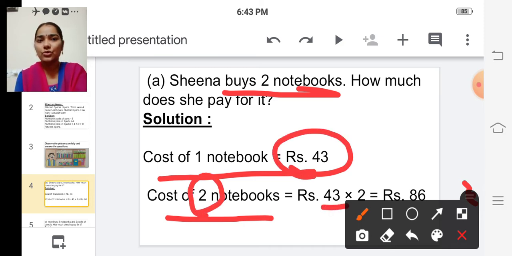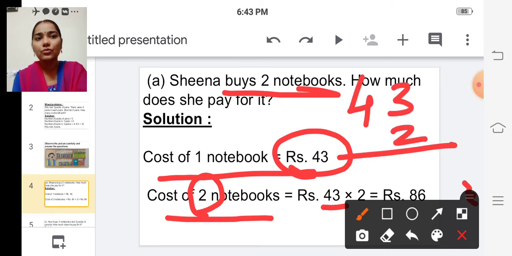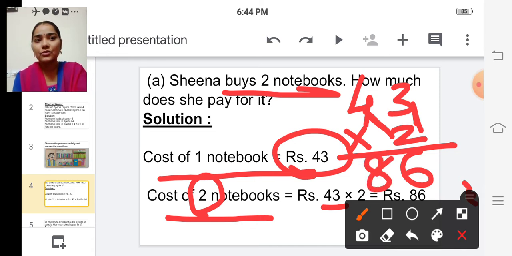So start from the right side. Multiply 3 into 2. 3 2s are 6. And then 4 into 2. 4 2s are 8. So the cost of 2 notebooks is rupees 86.